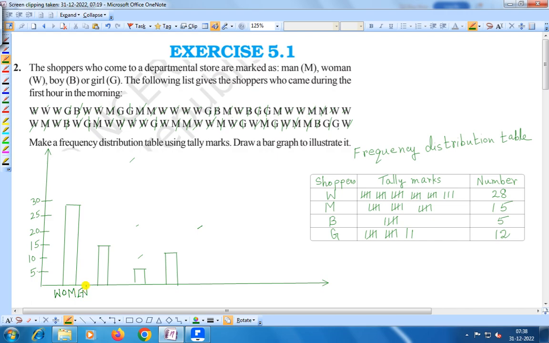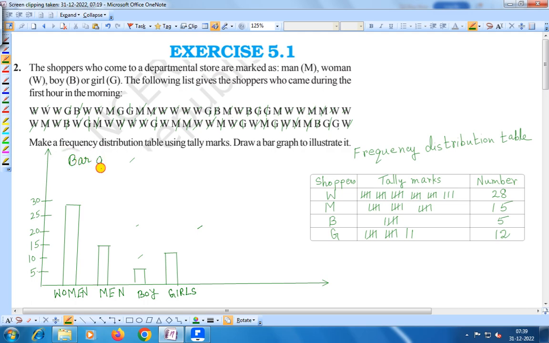This is men, this is for boy, this is for girls, right? This is the bar graph of this frequency table.